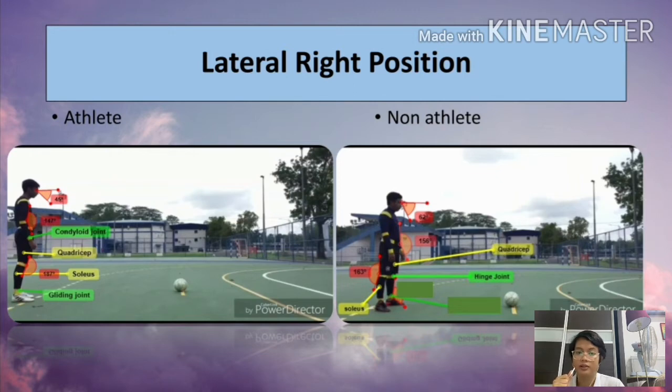So athlete body is a bit lean forward because he wanted to run forward and be ready, while the non-athlete is a bit unready and looks at a comfort standing zone. So at this position, the joints involved are the condyloid joint at the wrist, gliding joint at the ankle, and hinge joint at the knee.